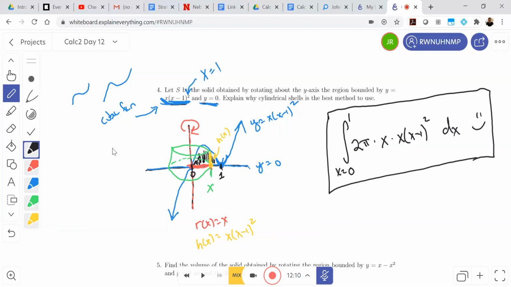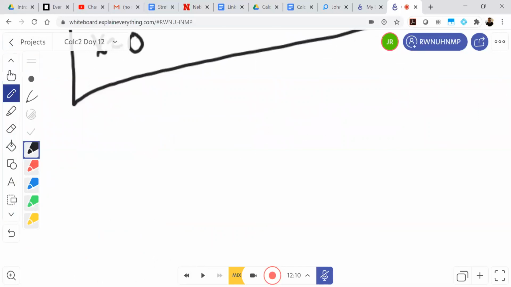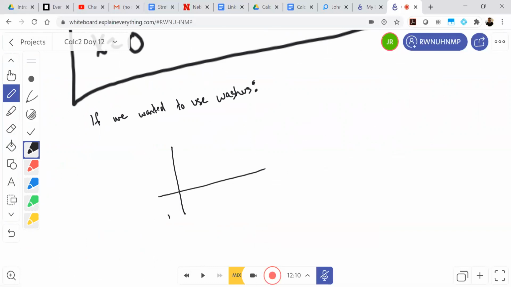Now, if we wanted to use the washer method instead, let's see how challenging that would be. And I'll zoom in down here to do this. So if we wanted to use washers, we have our same picture. So it kind of looks like this. Kind of looks like that.